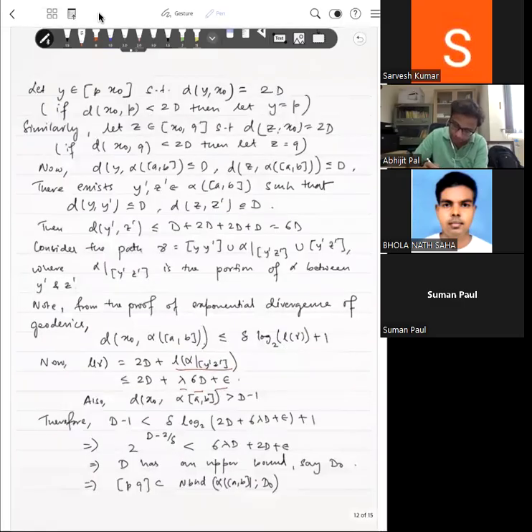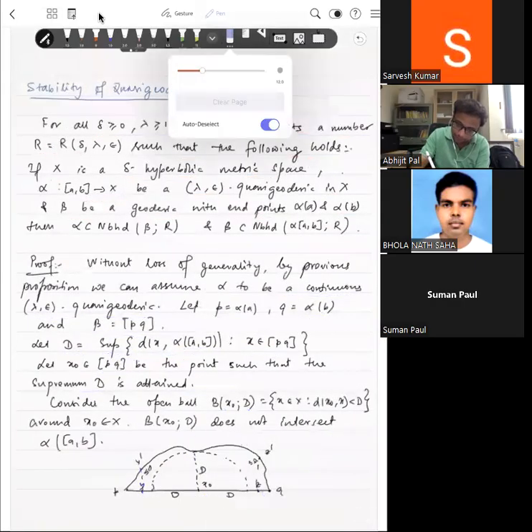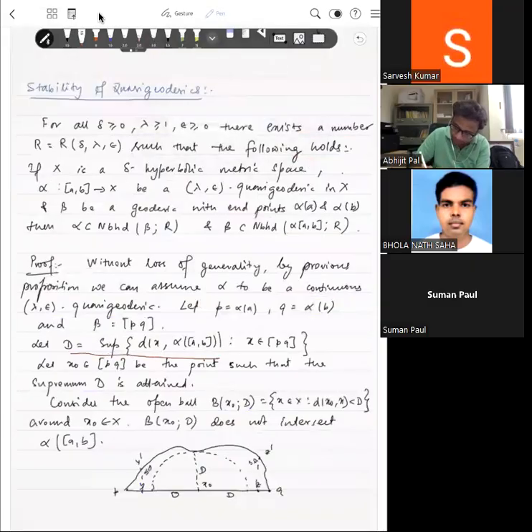So this shows the distance between x naught and the image of alpha is at most this. Also, d is exactly equal to the distance from x naught to the image of alpha.